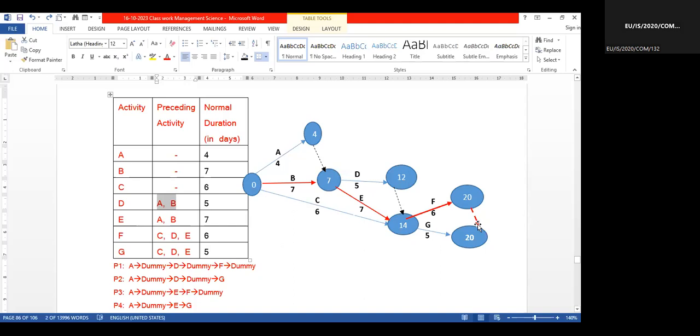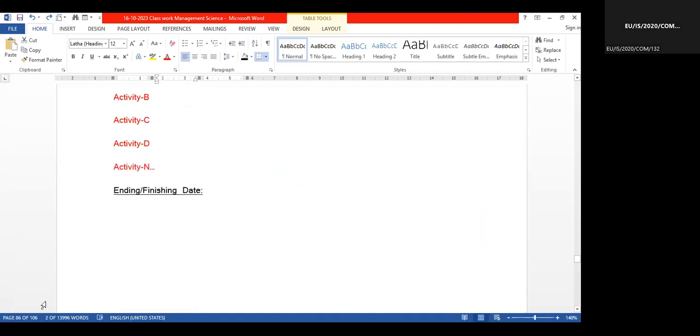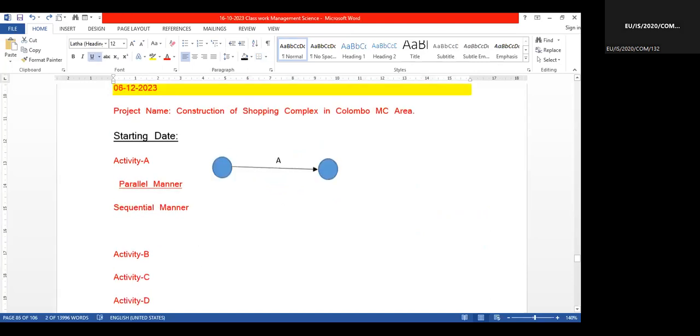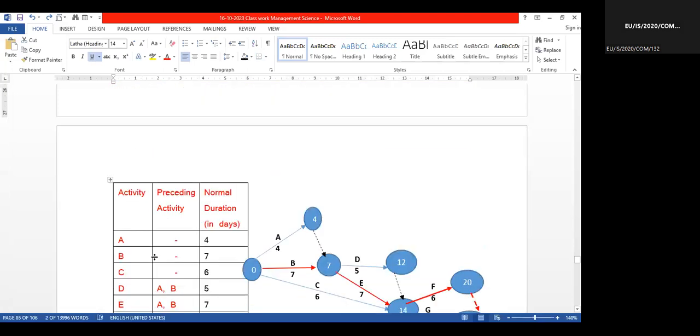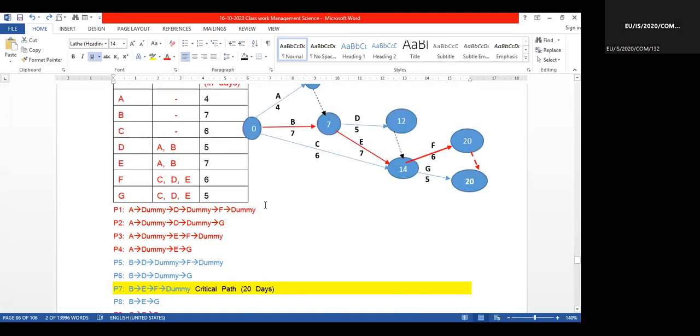So to end it, I could use a dummy to connect it. Otherwise, both are two different ways. It's hanging, not finished. Because in the project, there is one ending point and one starting point, not two starting points.